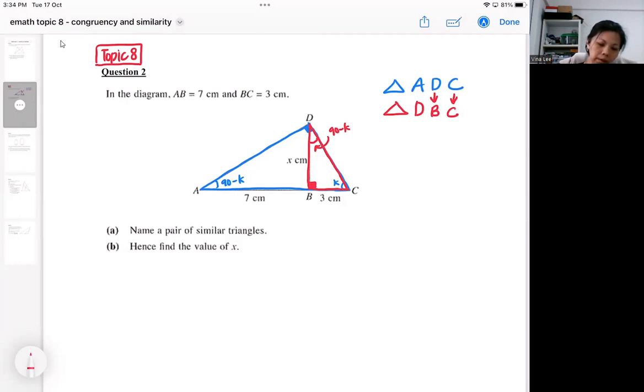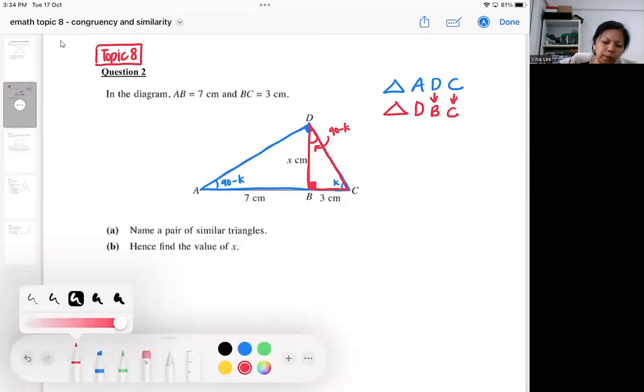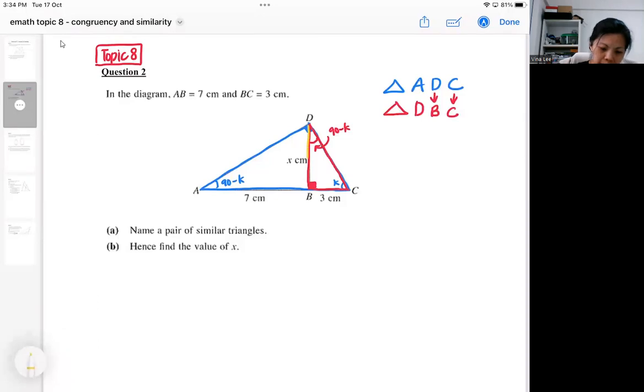Okay. And then actually there are more, there are three pairs. Okay, so there's another 90-degree here. If you realize, there's another 90-degree here.